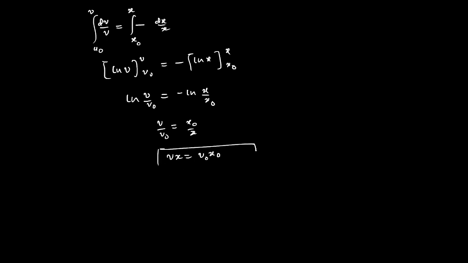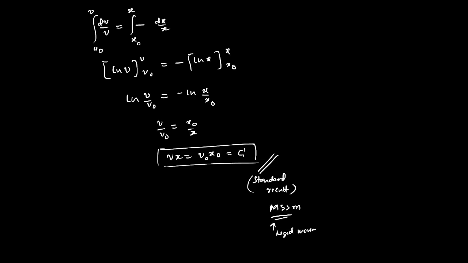This is a powerful result, and we can memorize it as a standard result for all these kinds of problems. It works when capital M is much bigger compared to small m, so you can consider it a rigid moving wall. We should also know that v naught is sufficiently large to begin with.